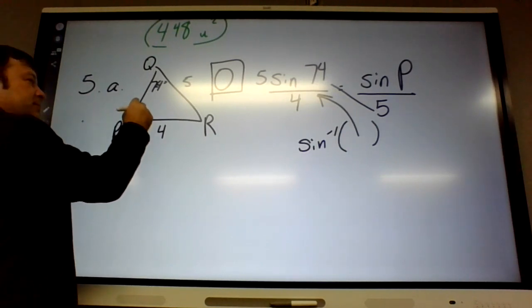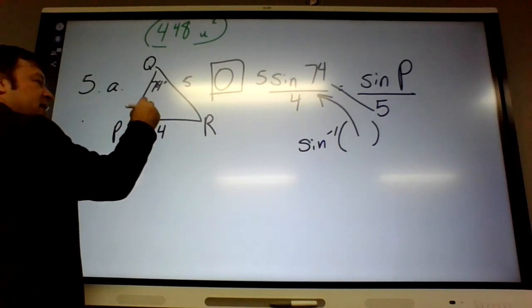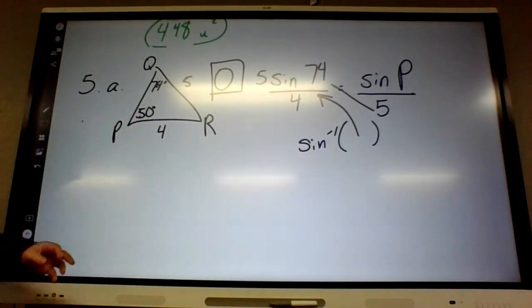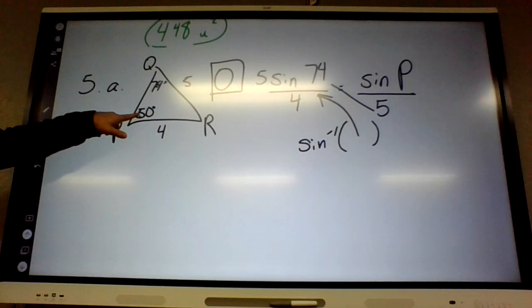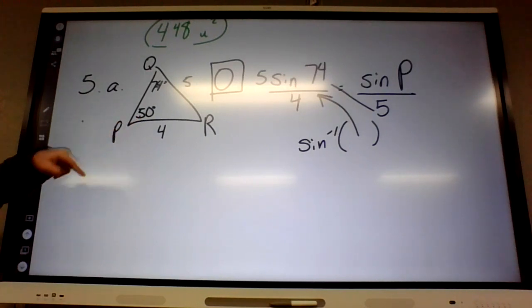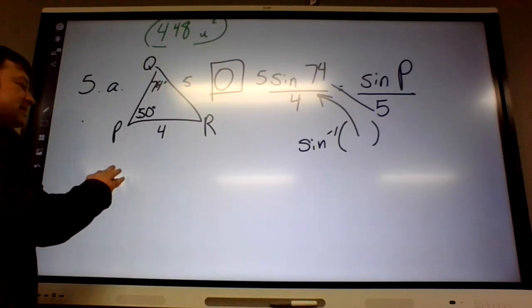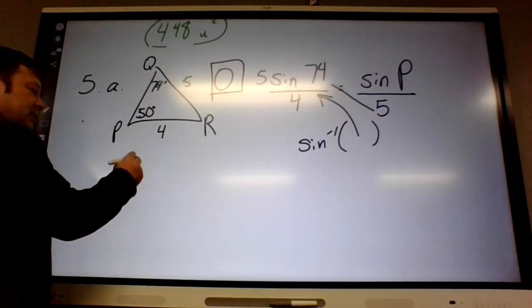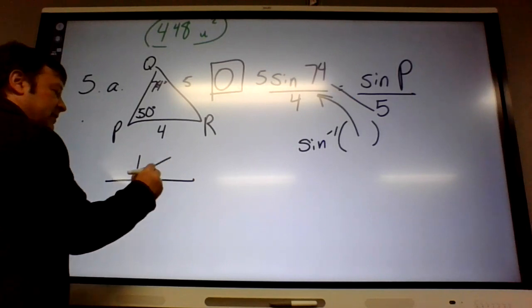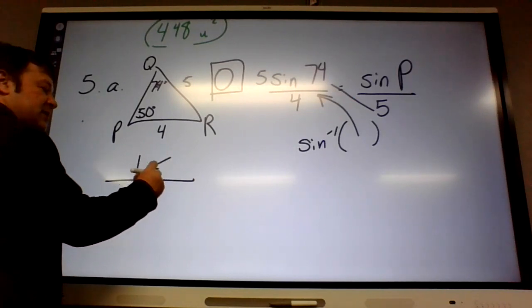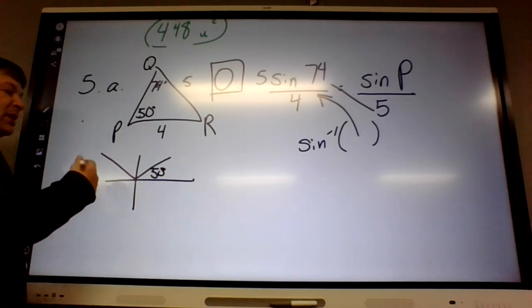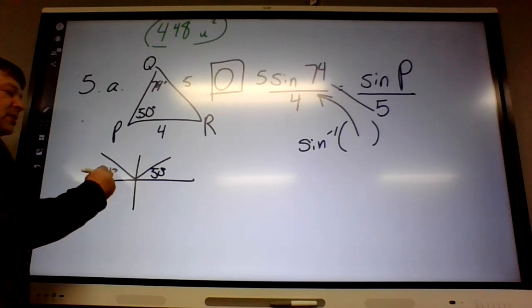Let's say this had come out as 50 degrees. Well, that's at least one triangle that it could be. But the problem with sine is that the sine of 50 gives the same ratio as the sine of 130.